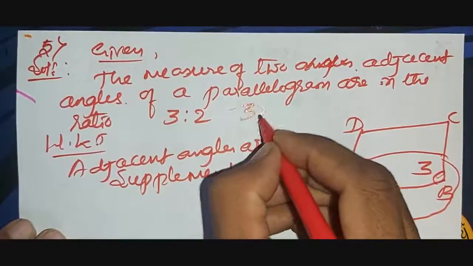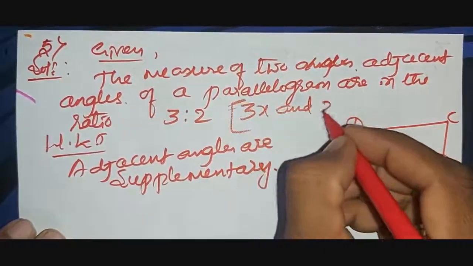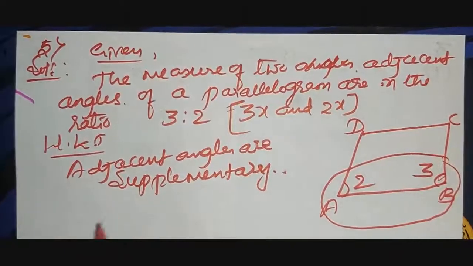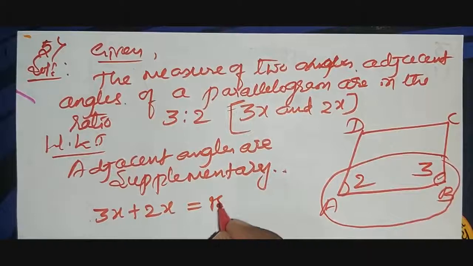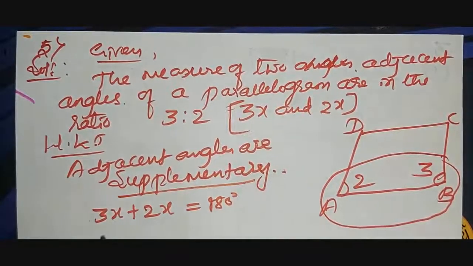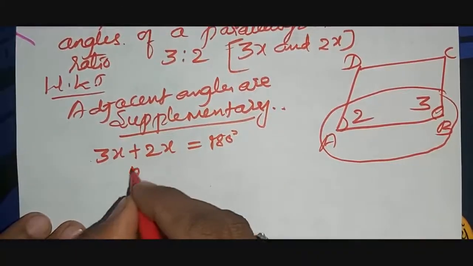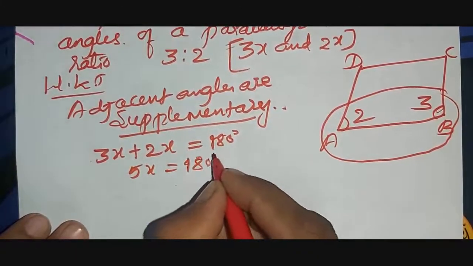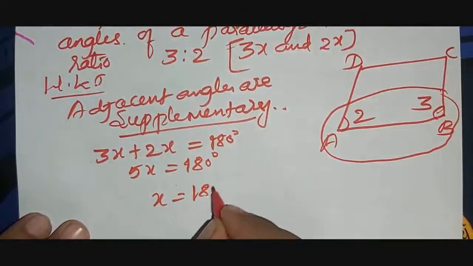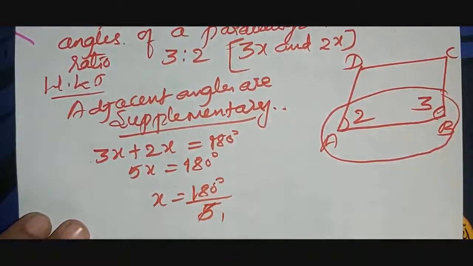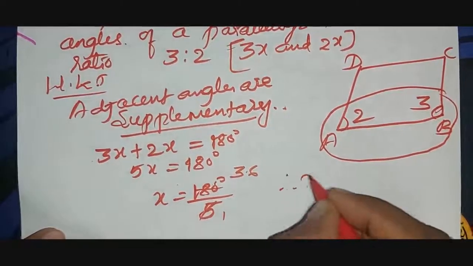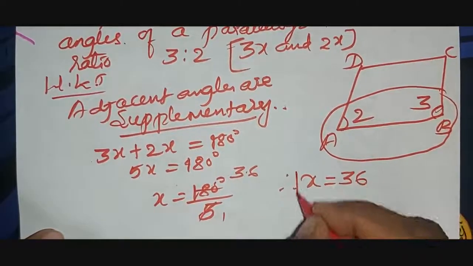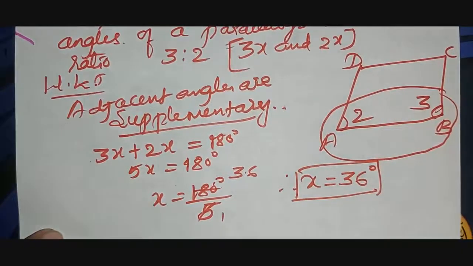Therefore, we can take here 3x and 2x. 3x plus 2x is equal to 180 degrees. 3x plus 2x, which is equal to 5x, is equal to 180 degrees. x is equal to 180 divided by 5, therefore x is equal to 36 degrees.